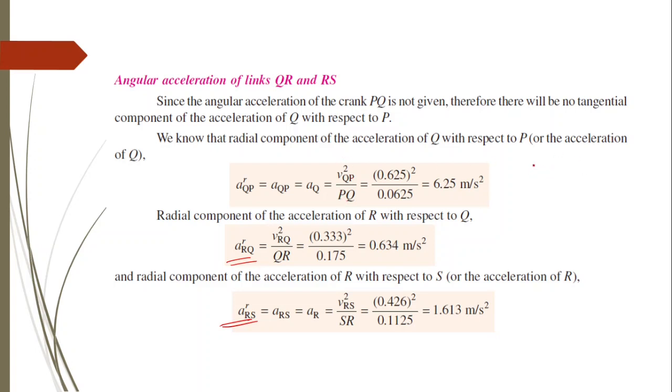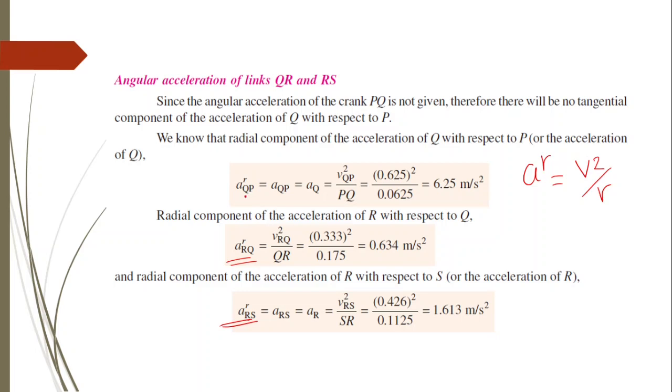The radial component of acceleration is always V square by R, where R is the length of the link. For link QP, there is only the radial acceleration.